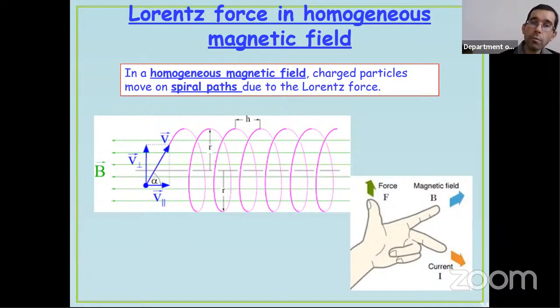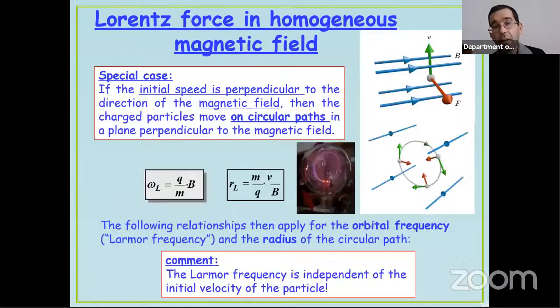If we have a homogeneous magnetic field and we start a charged particle in this magnetic field, the particle will move along a helical path. This helical path is represented here in this figure. The special case is if the initial speed is perpendicular to the direction of the magnetic field.